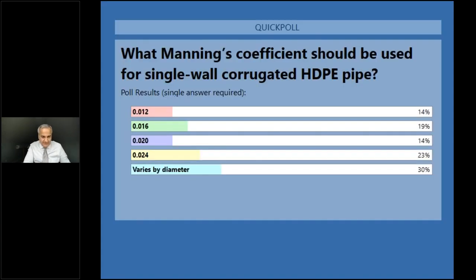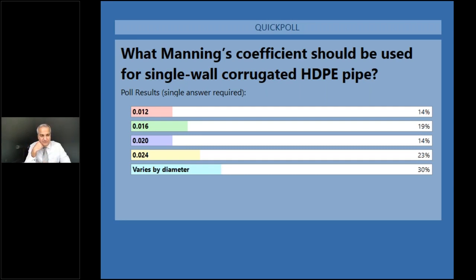So the results come in, the highest vote getter is the correct answer. It does vary by diameter, and it does vary between the 0.016 range and the 0.024 range. And it really has to do with the larger the diameter, and some of our members make 24-inch diameter single wall pipe, that's going to be closer to the 0.024, just because as the diameter gets bigger, the pitch of that corrugation gets bigger also, versus small diameter.